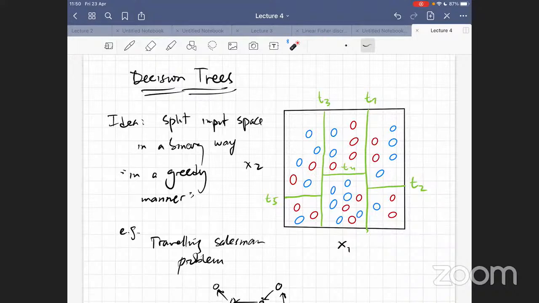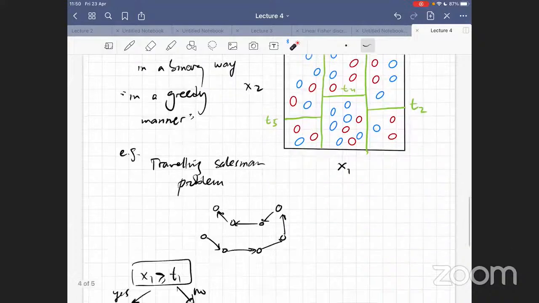Or I stop when I have reached some number of splits, not larger than 10 splits. This is another criterion. So this is really up to the implementation.